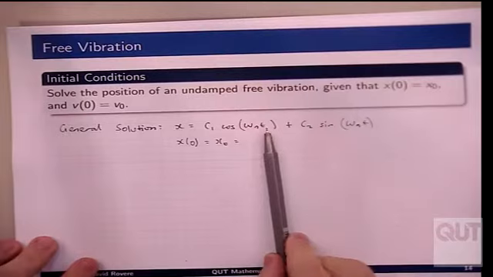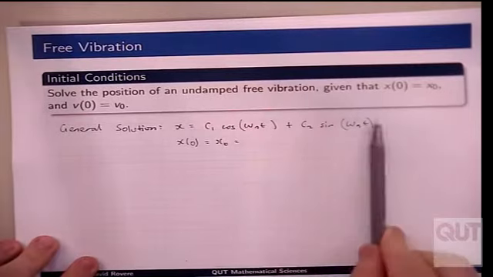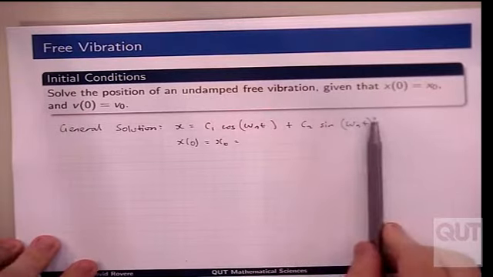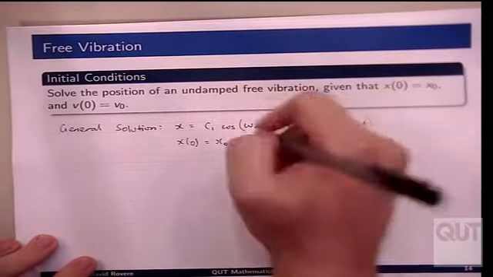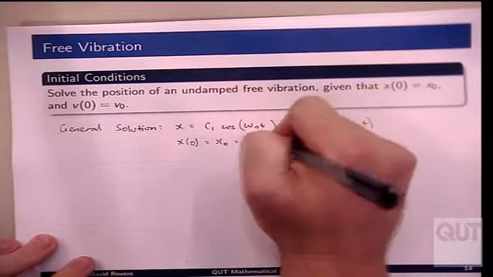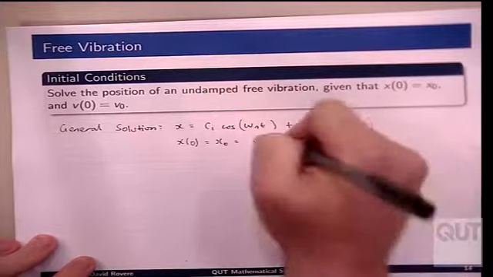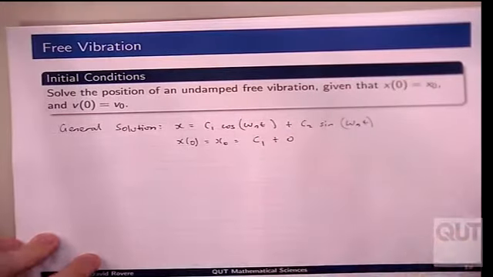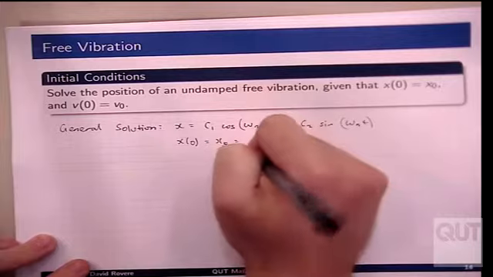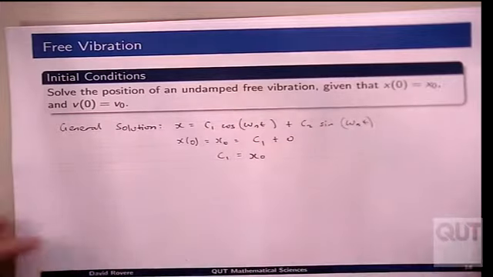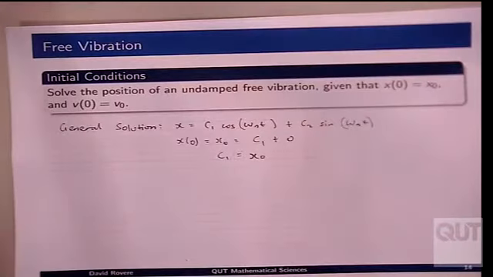So what happens when I substitute t equals 0 into these functions? I get a cos of 0, which is 1. And I get sine of 0, which is 0. So I solve that C1 is equal to the initial value for x. All right? C1 is x naught.